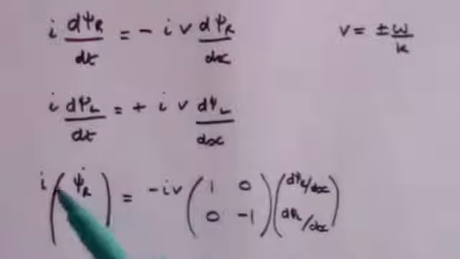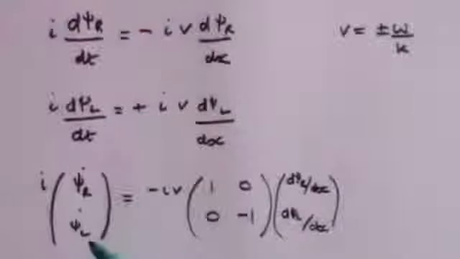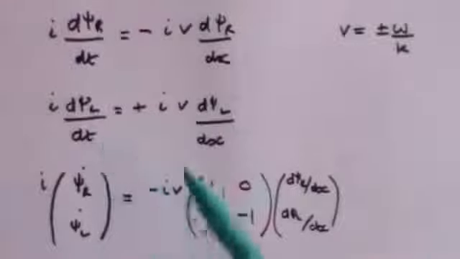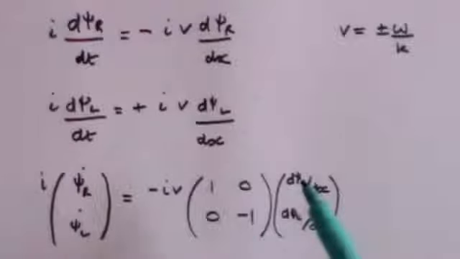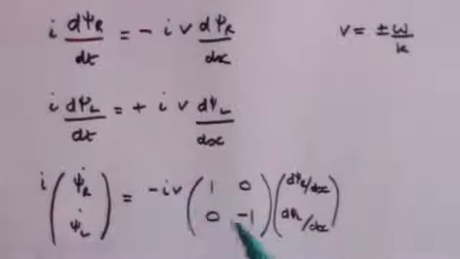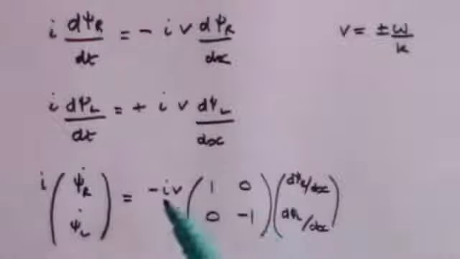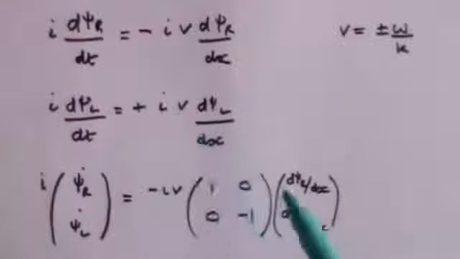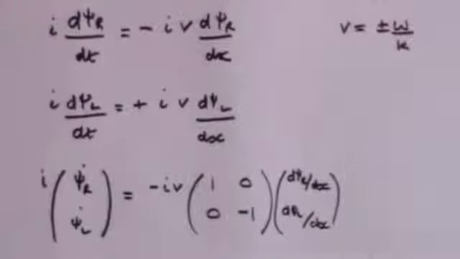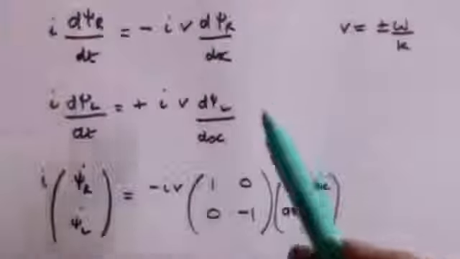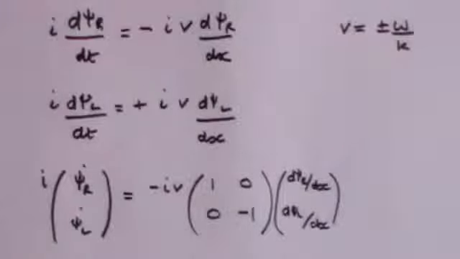On the bottom, you're going to get i times psi left dot, which is d psi left by dt, is equal to minus iv times 0 times d psi right by dx, which is 0, plus minus iv times minus 1, which is plus iv, that's that, times d psi left by dx, which is that. So this is just a way of writing in matrix and vector form the two simultaneous equations above.